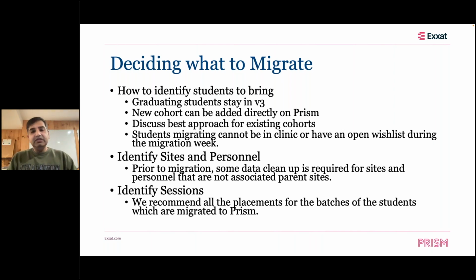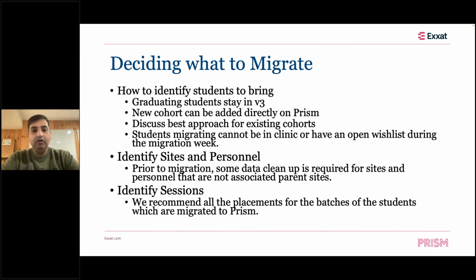Now this slide, or this particular section, which we want to highlight, is to help you decide what needs to be migrated. Some of the recommendations are how to identify which students to bring in.